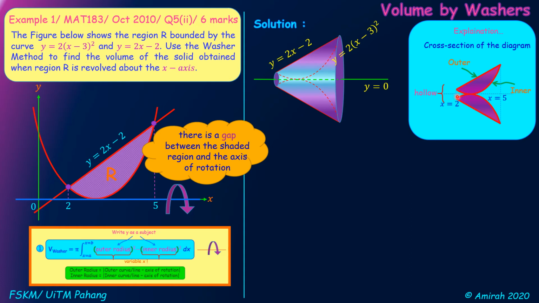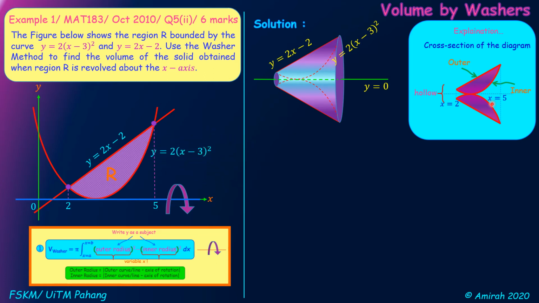A washer is like a disc, but with a center hole cut out. Here is a hollow. This is the axis of rotation, y equals 0, which is the x-axis. This is the outer curve or line, and this is the inner curve.